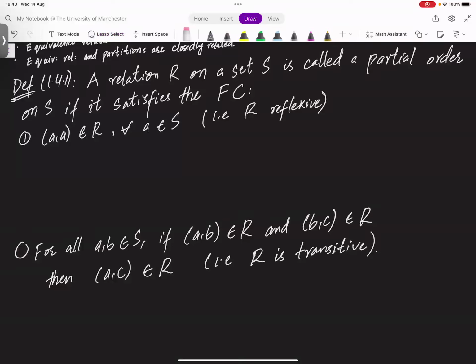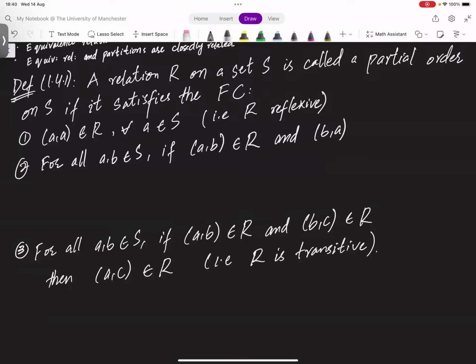This is 3, and number 2 is actually that for all a, b in S, if (a, b) is inside relation R and (b, a) is inside relation R, then a is b.